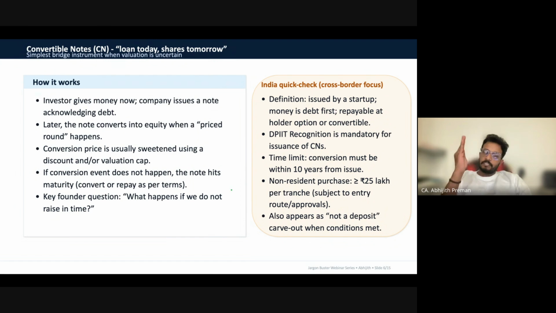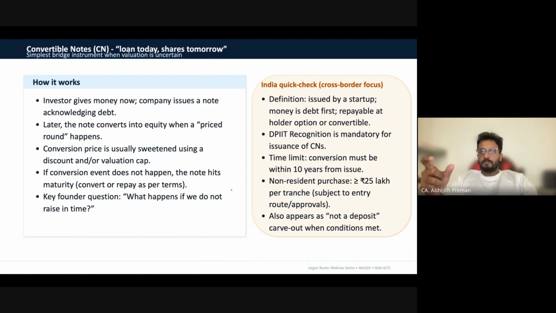For example, if the investor transfers 50 lakhs in the first tranche, it is permissible. In the second tranche, they transfer 30 lakhs, which is also permissible. But if the last tranche is 20 lakh, then that is not permissible. That is going to be illegal. In that case, the investor will either have to put in another 25 lakh to be legally valid, or do it in some other manner using a CCD or CCPS.